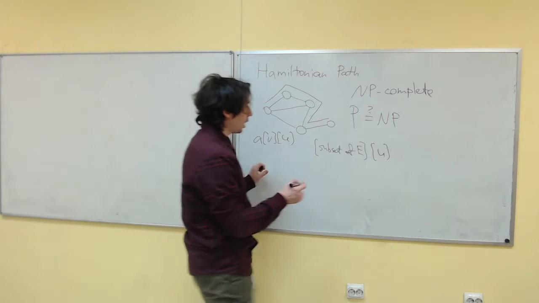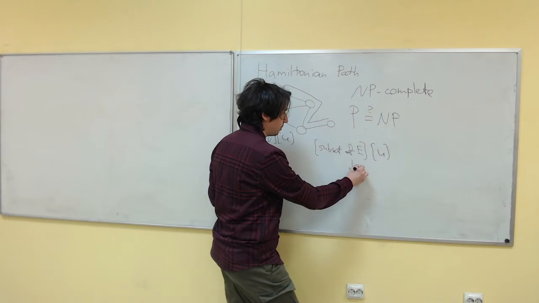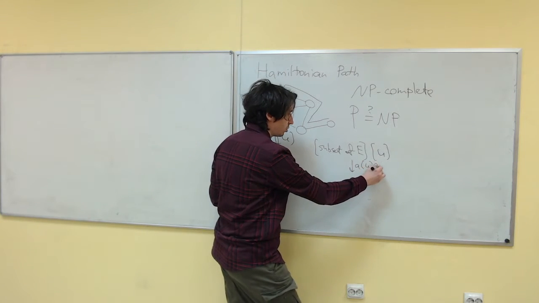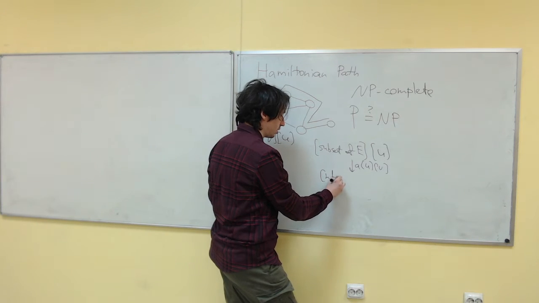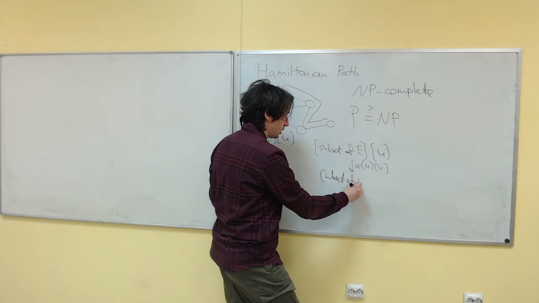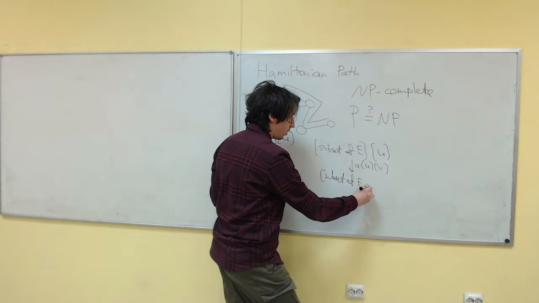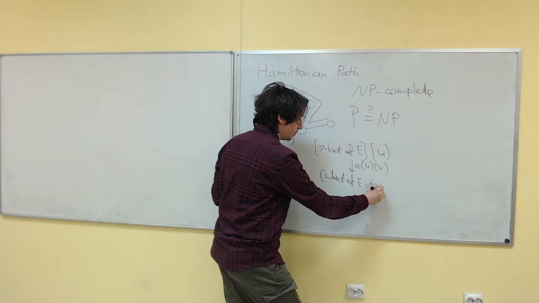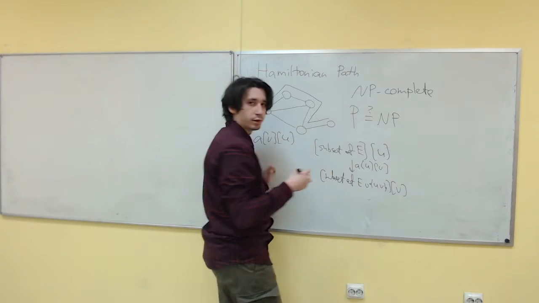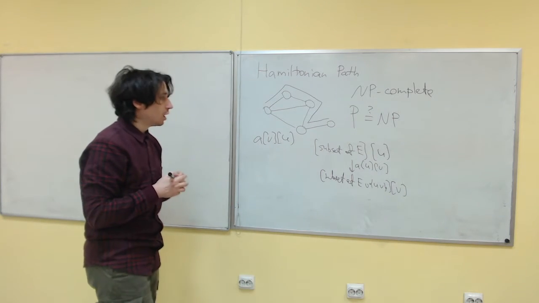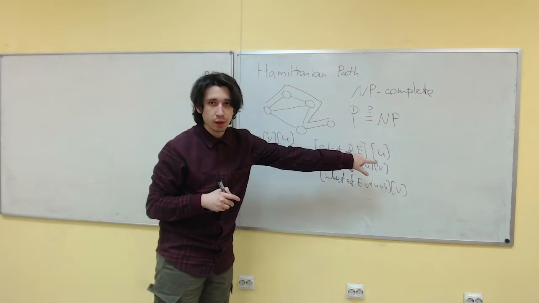You mean like that? We have some edge UV, and you have the subset of edges together with UV and V as the parameter. You mean that? Okay.